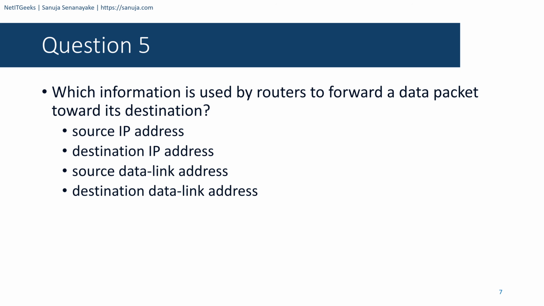This is a very easy question because of the answers provided here, because it doesn't even mention MAC addresses, etc. So which information is used by routers to forward data packets to their destination? The answer has to be either destination IP address or destination data link address. So this answer should be the destination IP address.